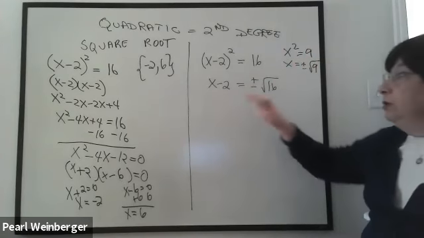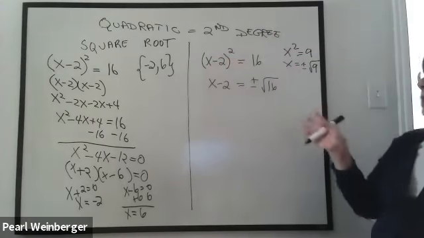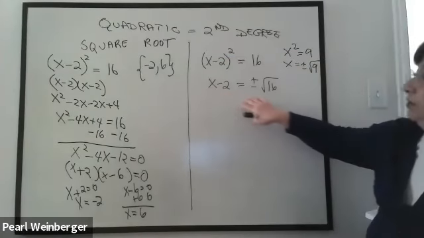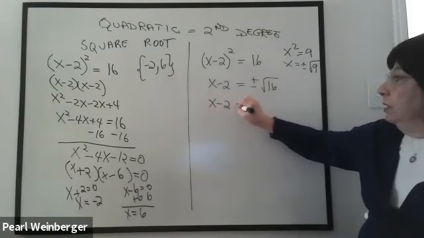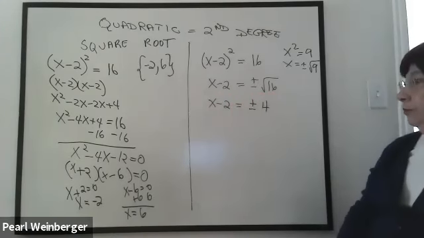So I'm doing the exact same thing. The only thing is, this is not just x, it's x minus 2 squared. Okay, but now I can finish this. This gives me x minus 2 equals, well, the square root of 16 is 4, plus or minus 4.